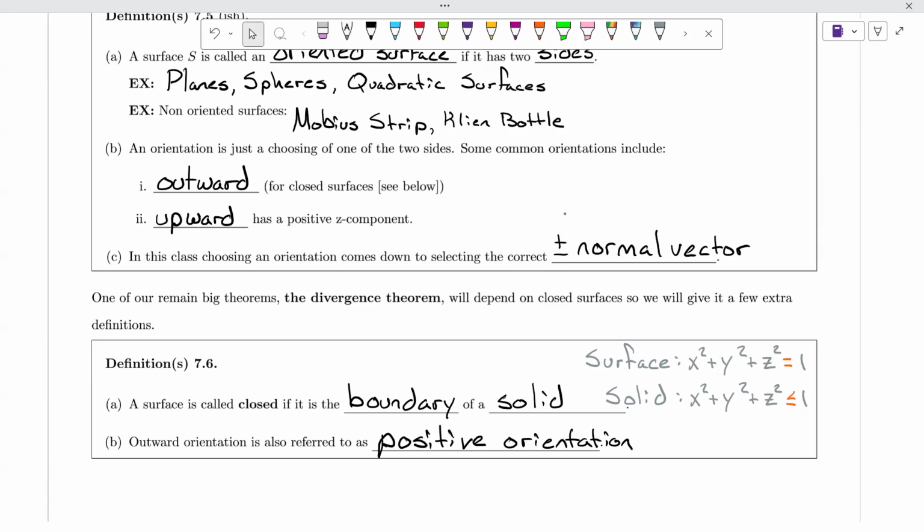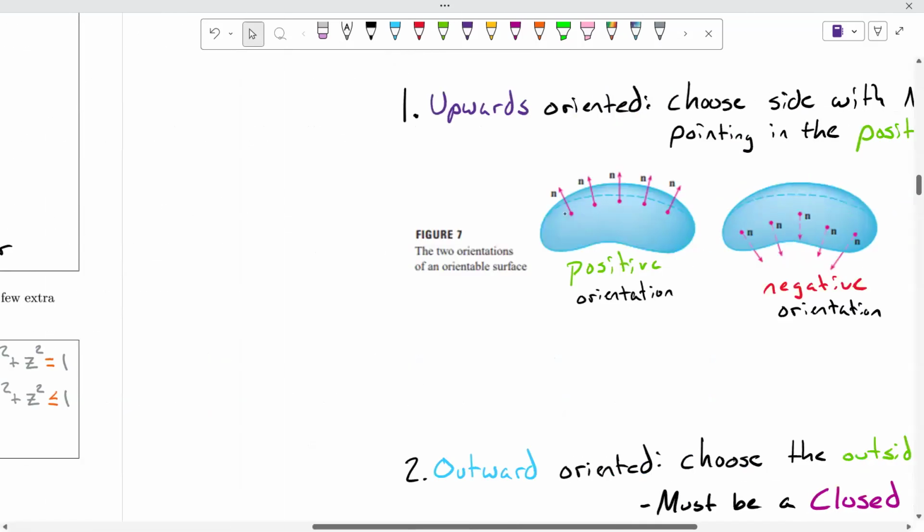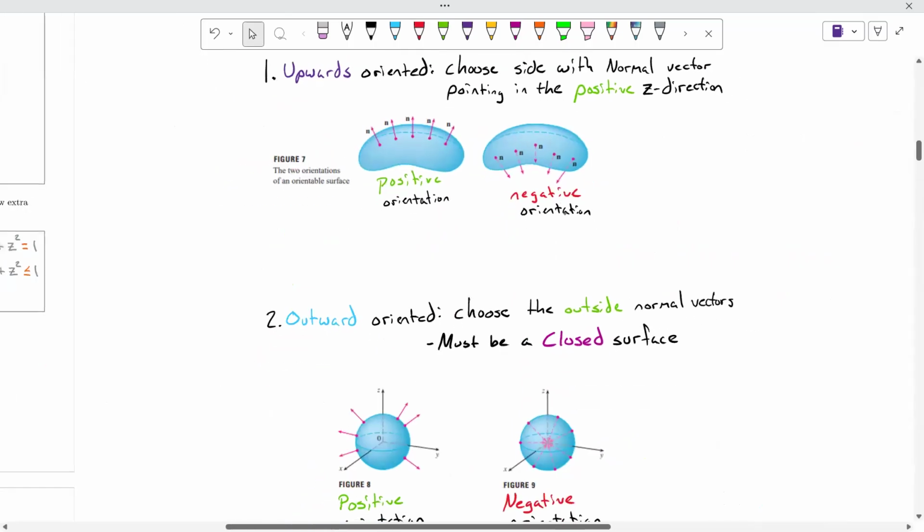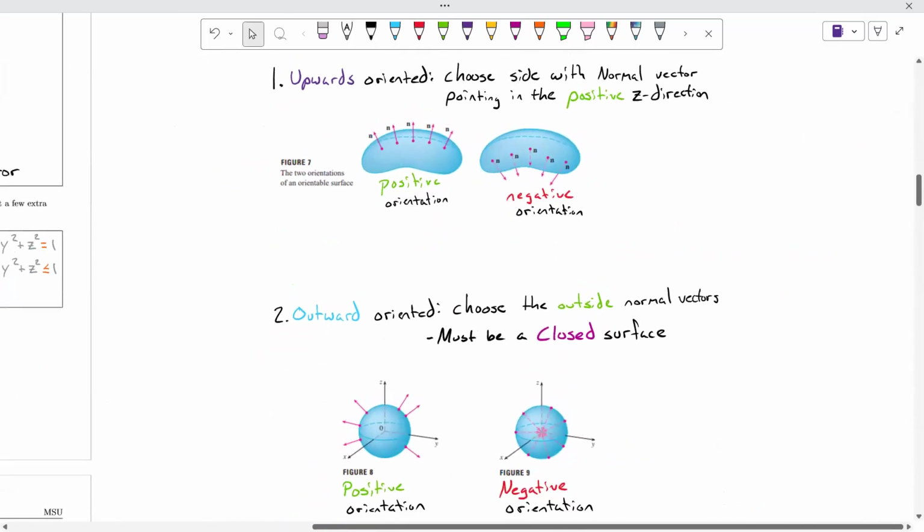And we'll say that our outward orientation is the positive orientation. So to just come over here and throw a few pictures on the screen of what we mean by positive and negative orientation. Again, for explicit surfaces, these by definition will not be closed surfaces. All right, if we're going explicit, that thing can't be closed because it's got to have a clear top and bottom.